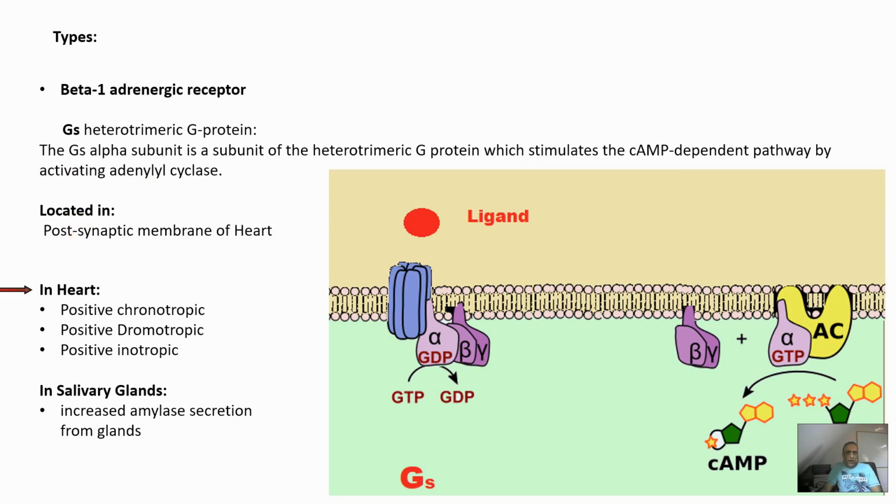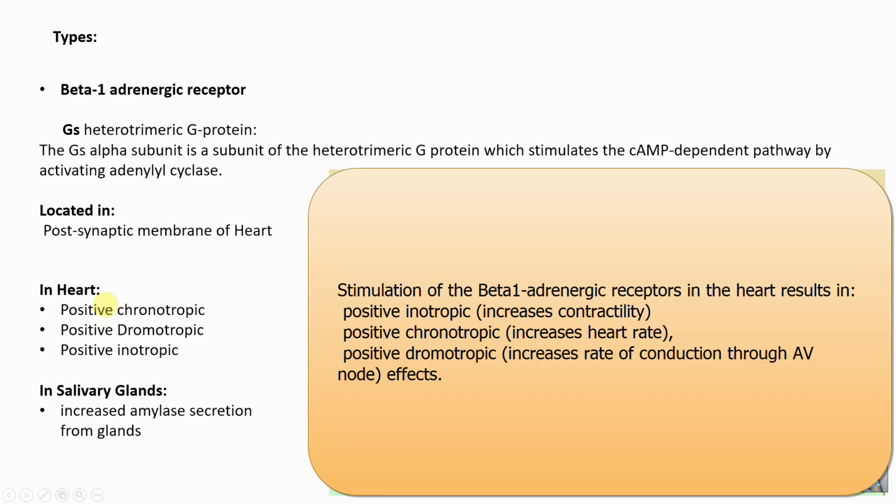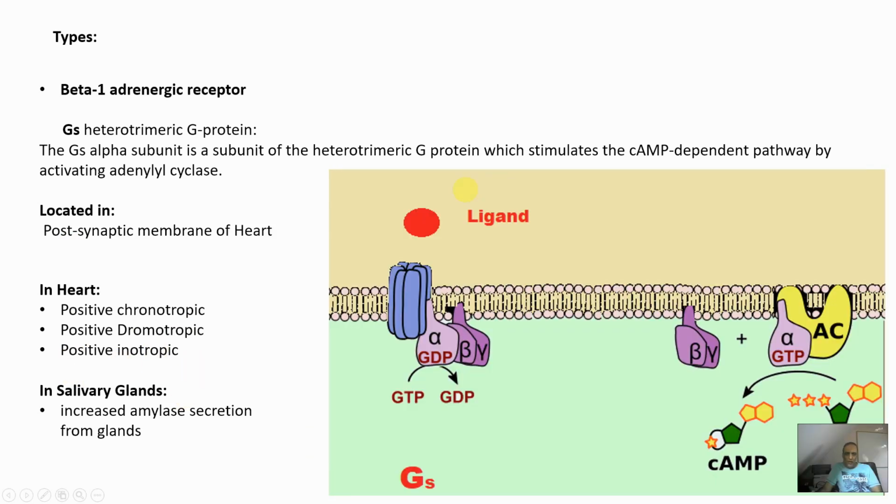In the heart, when adrenaline or noradrenaline binds the beta 1 receptor, it has a positive chronotropic, positive dromotropic, and positive inotropic effect. We can also find this beta 1 receptor in the salivary gland, where it increases amylase secretion.